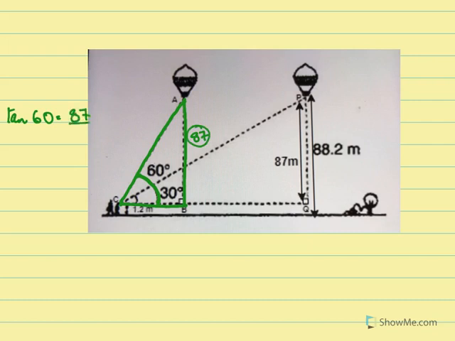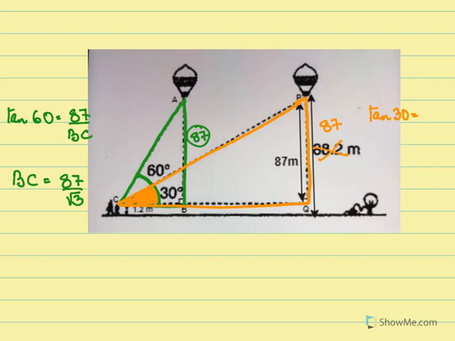So it was 87 over BC, and then we found BC as 87 over root 3. Then we went on the other side with 30, and with 30 we found this triangle. In this triangle we did tan 30 here also. Remember this 88 is for the whole. We don't use 88. We use 87.